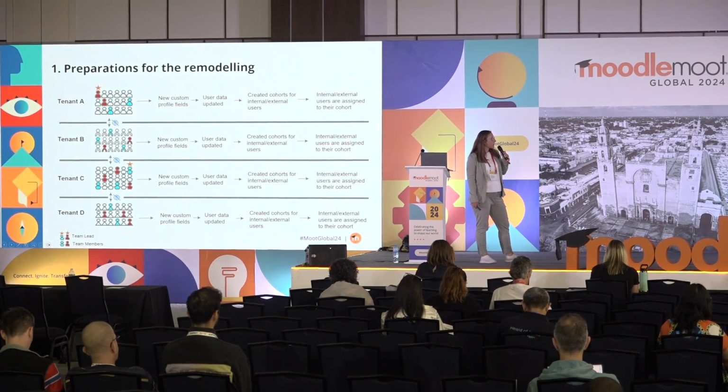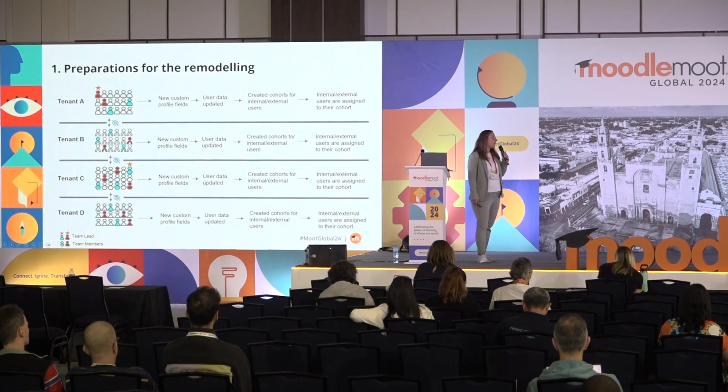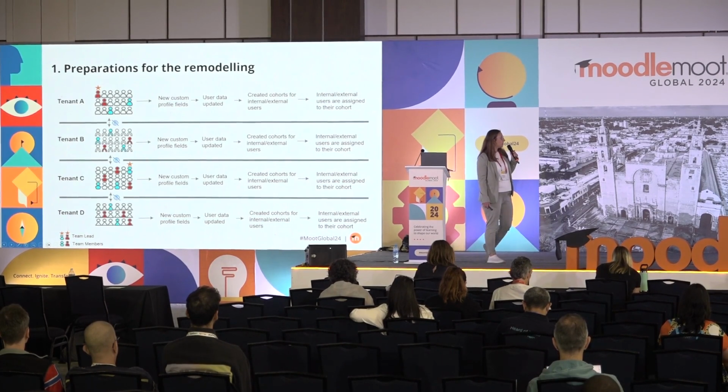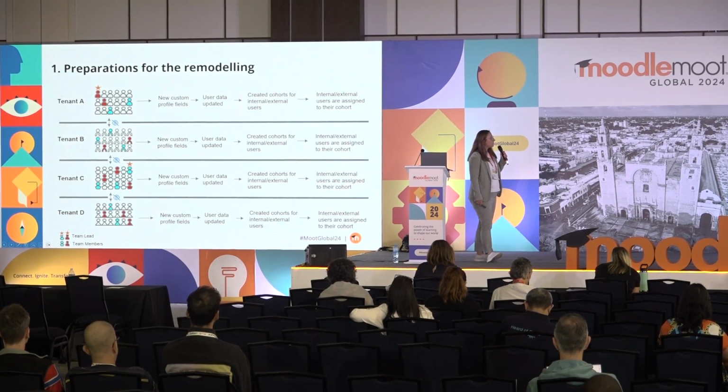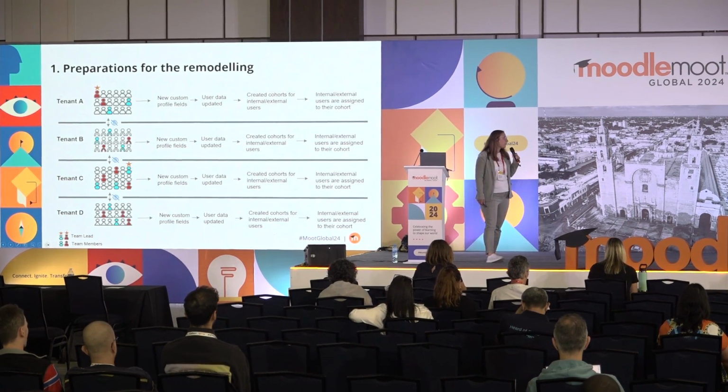Because our client didn't have all the user data in the users' profiles, they needed to update the user data with information like what kind of institution tenant B, tenant C and tenant D is, so that they know which users still belong to which sub-brand.